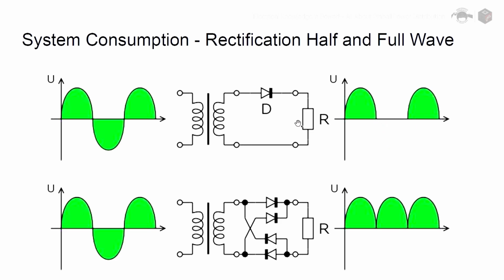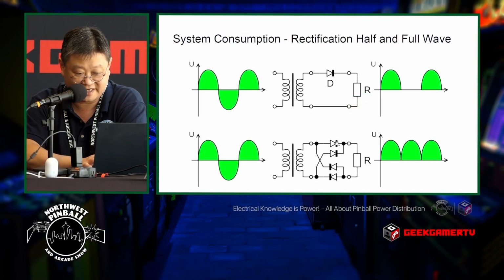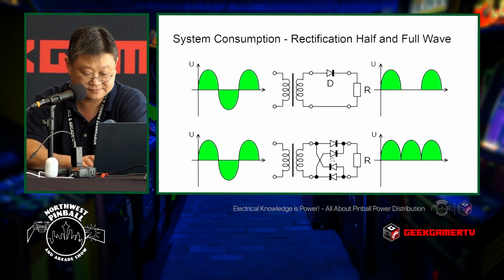The center part here shows the wiring diagram. Again, learn how to read this. Transformer, one diode does the rectifying. Transformer, four diodes operating as what's called a diode bridge. Often you'll hear the term bridge rectifier or diode bridge. That's what this is. This is full wave rectification.